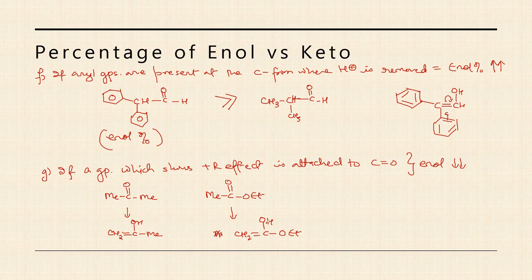The reason is there will be cross conjugation over here. So cross conjugation results in lowering the enol content. Okay, cross conjugation lowers the enol content.